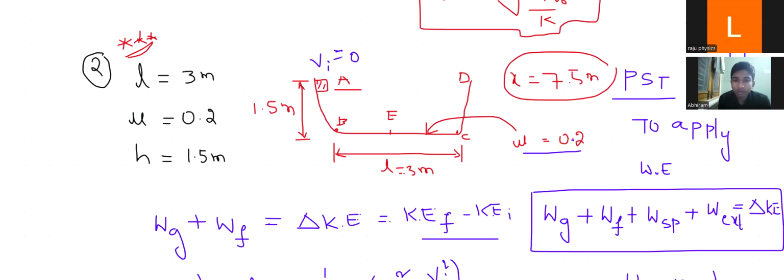Initially your body starts and moves up to C. So this is the height; your particle does not lift to that height, so it is travelling backwards again. Again, this is 1.5, this is 3, and this is again 2 meters.